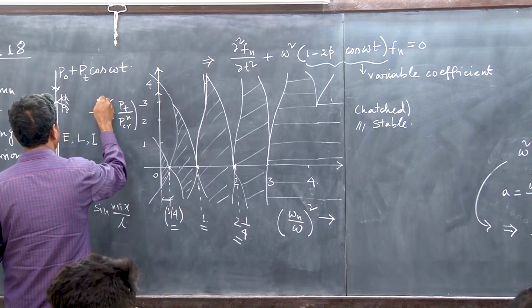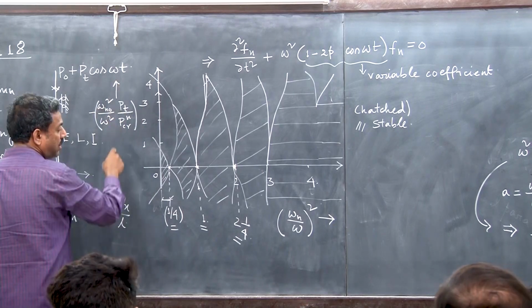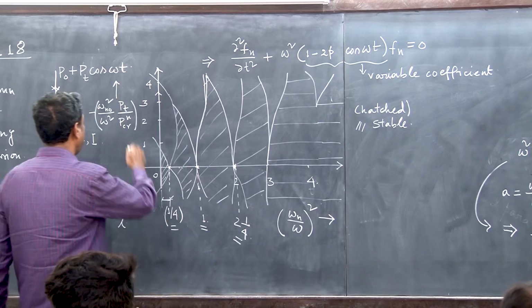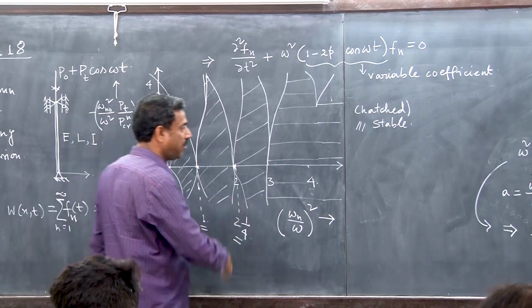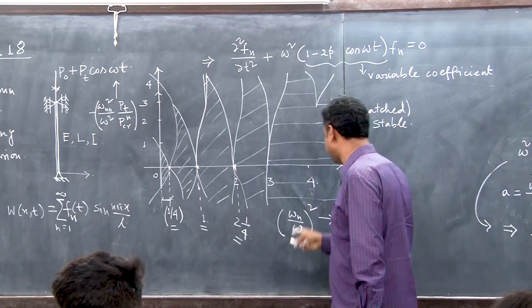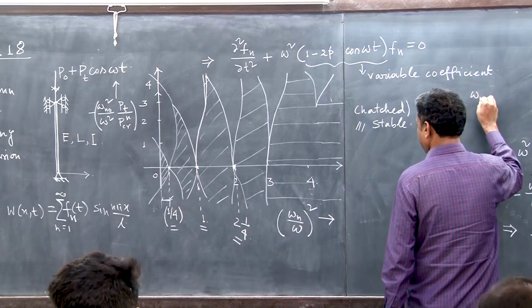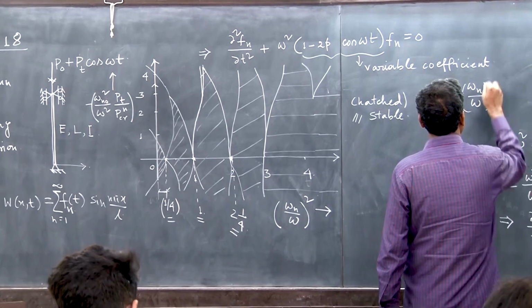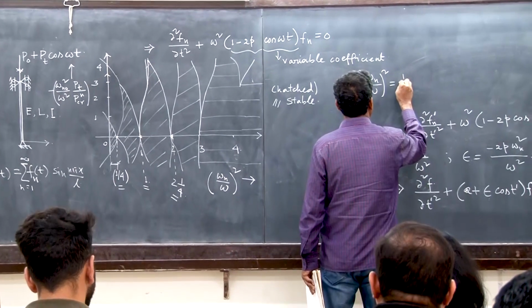So essentially we are plotting this one. Now whatever we are plotting, it doesn't really matter. This is important. What we can see is that the first instability sets in when omega n by omega squared is essentially 1 by 4.